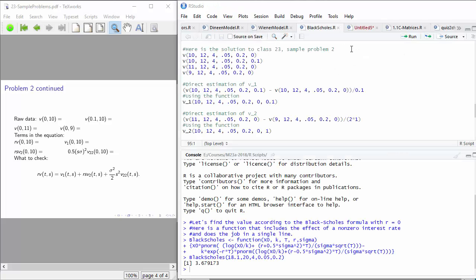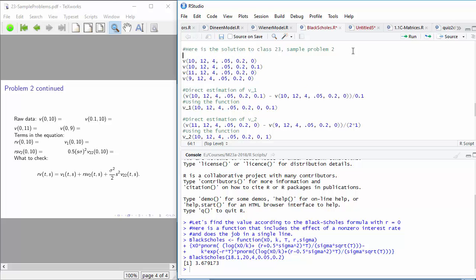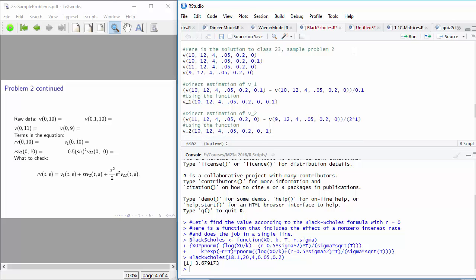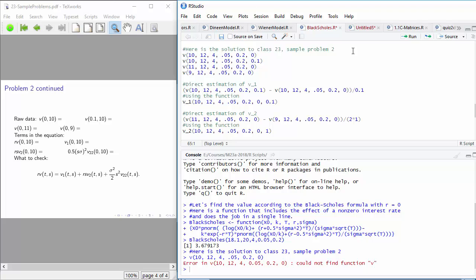So I have fired up RStudio, loaded the file blackscholes.r, and here goes. The first number that we want is the option price when the first argument, that is the share price, is 10, strike price of 12, 4 years to maturity, everything else is the same.